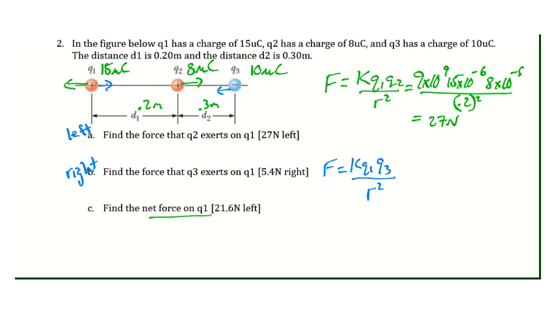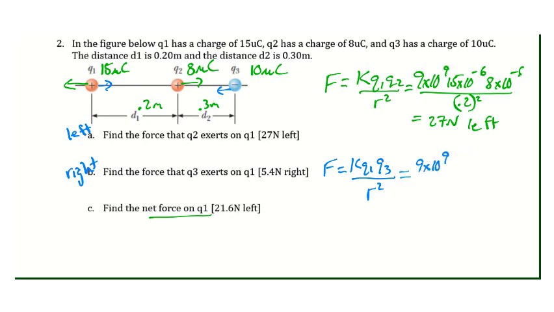Now they're both positive, they repel, and as we already talked about, this is going to be left. Now for the next one, Q1 and Q3, we have 9 times 10 to the 9.